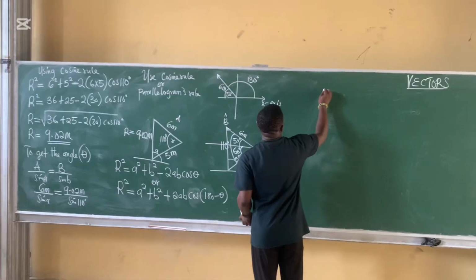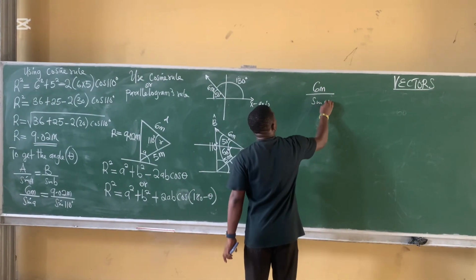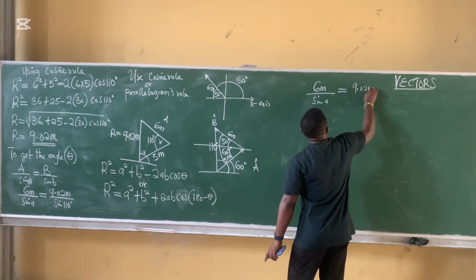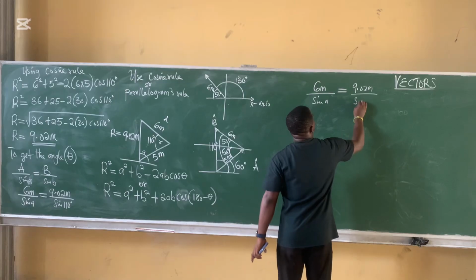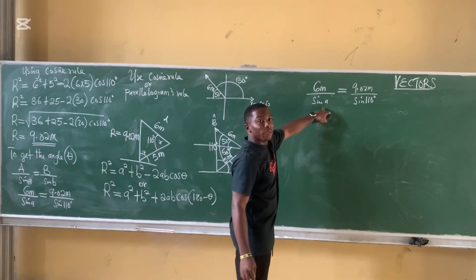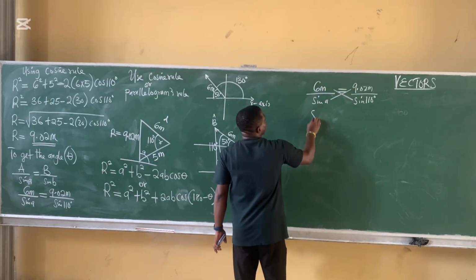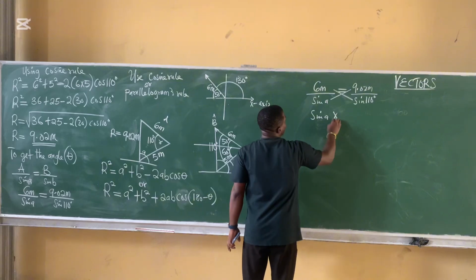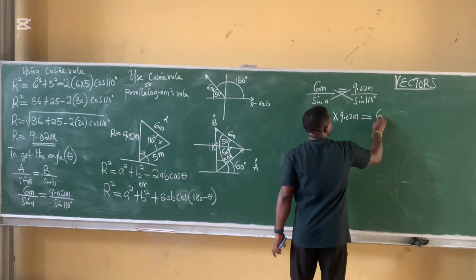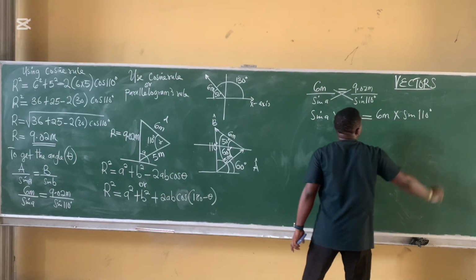So from that I have 6 meters over sine A is equal to 9.02 meters over sine 110 degrees. This is sine rule. We want to get this value of A. So cross multiply. I have sine A times 9.02 meters is equal to 6 meters times sine 110 degrees.